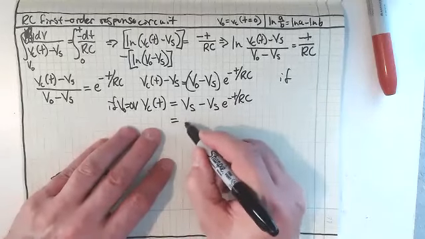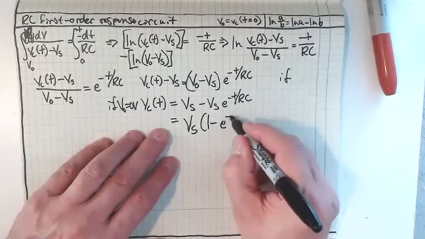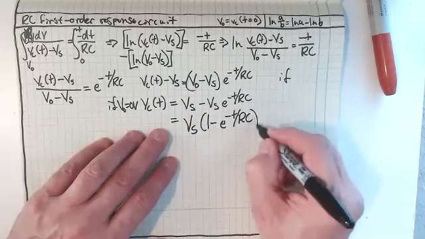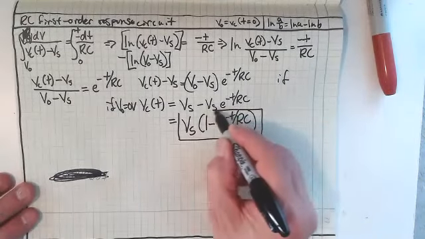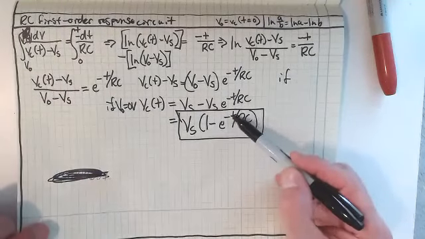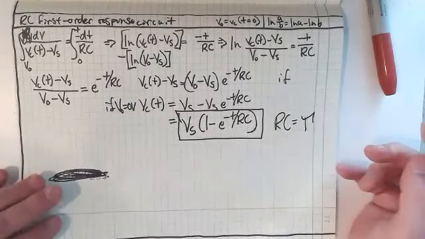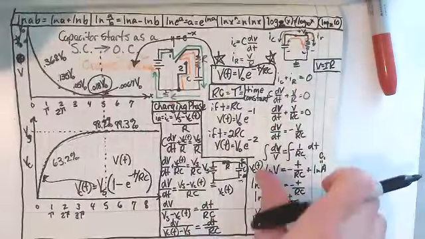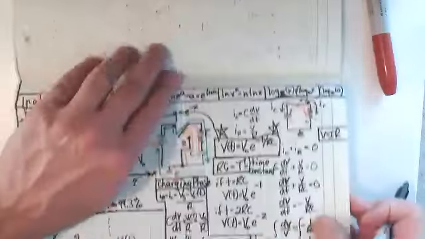I think everybody can see where I'm going with this: V_S times 1 minus e to the minus t over RC. There you go. We have proven that it charges as 1 minus e to the minus t over RC, and we know that RC equals our time constant. So the charging is exactly opposite: instead of e to the minus x, it's 1 minus e to the minus x.